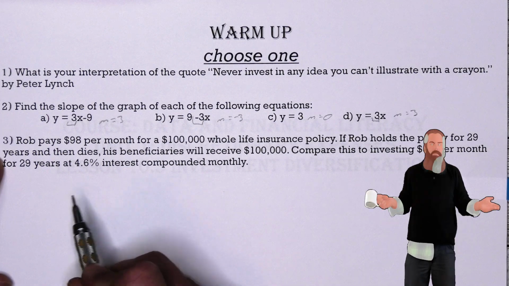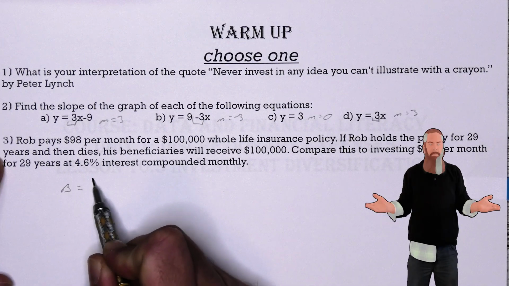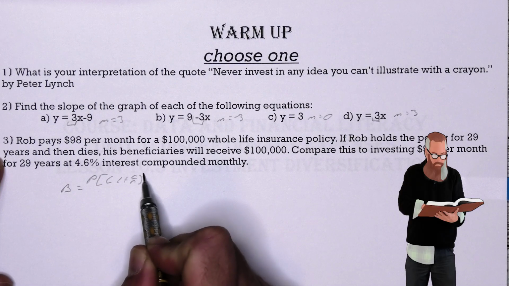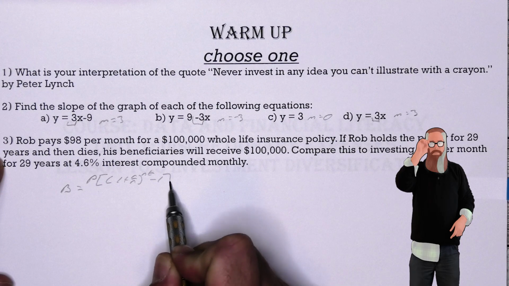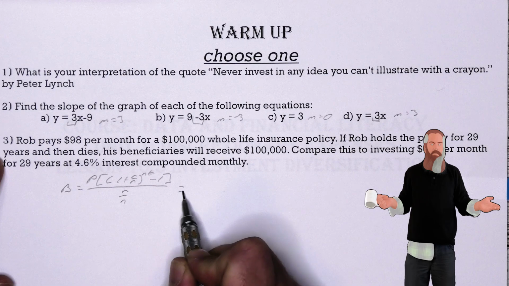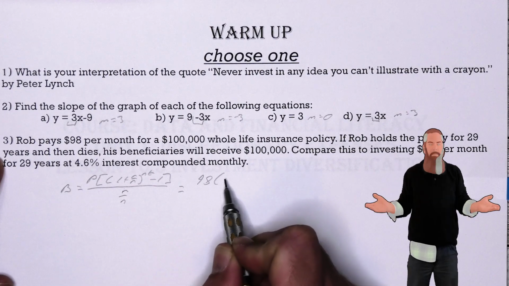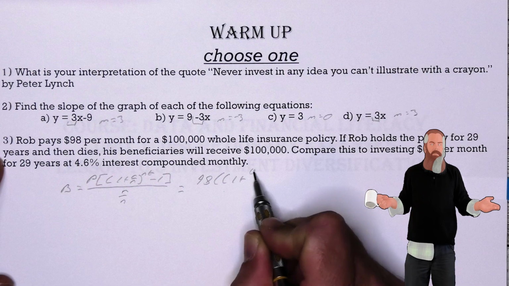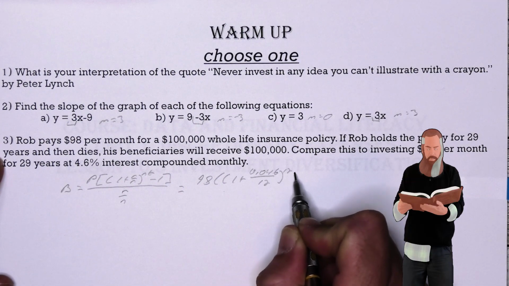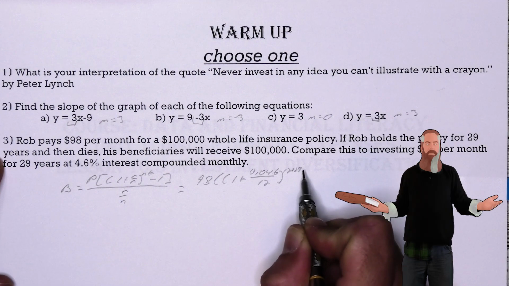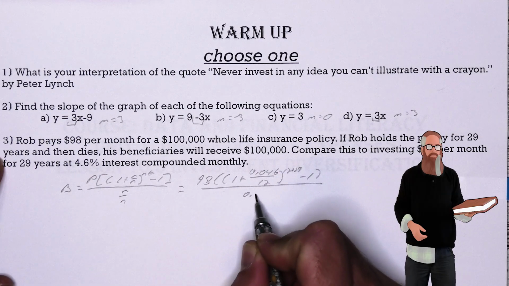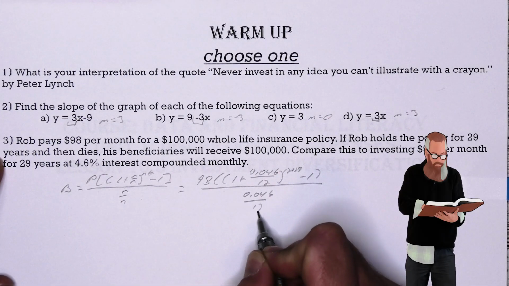For that, we're going to use the formula B is P times 1 plus R over N to the nt power minus 1, all of that in the numerator, all divided by R over N, or 98 times 1 plus 0.046 divided by 12 to the 12 times 29 power minus 1, all over 0.046 divided by 12.